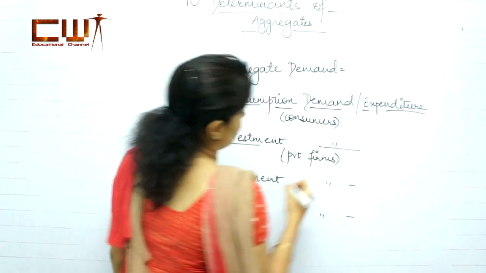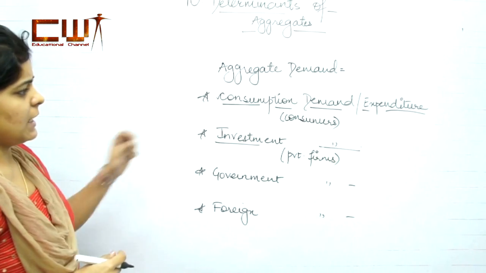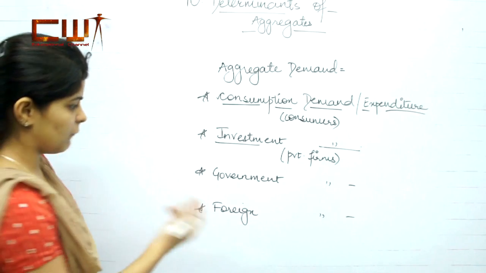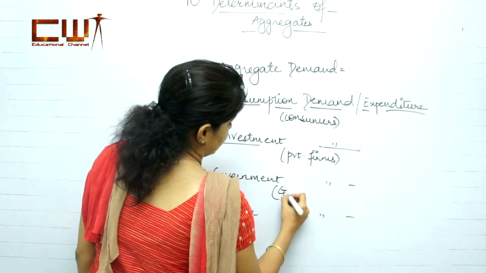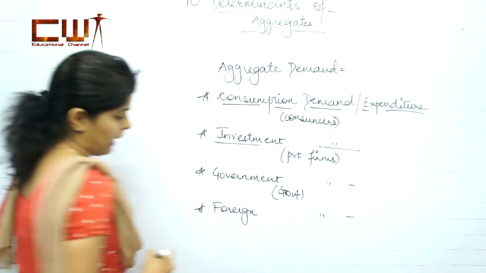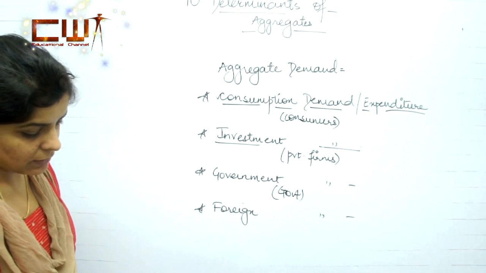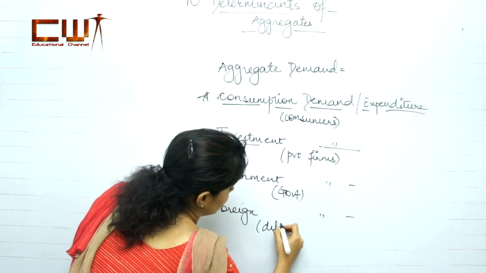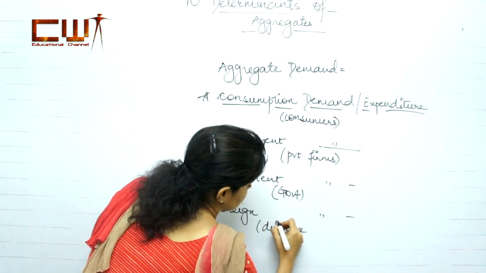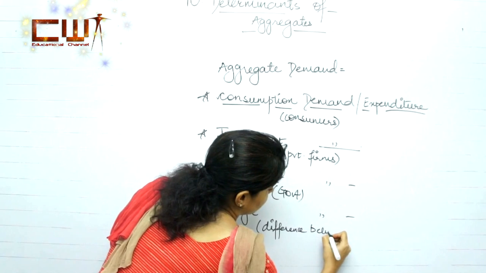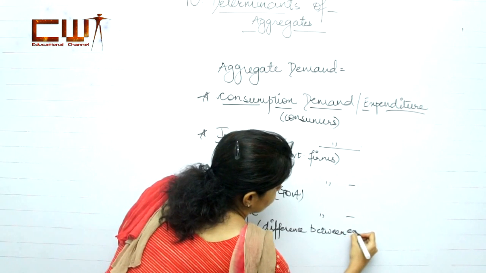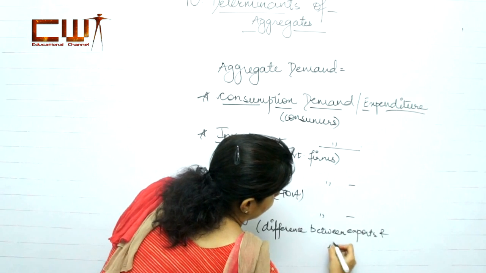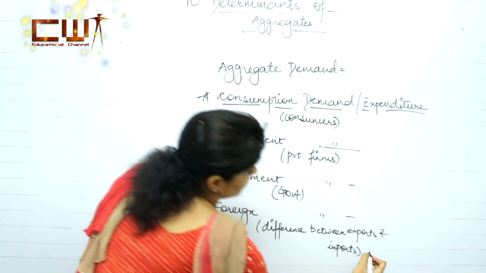Generally, the producing firms make the investment demand. Next is government demand, that is undertaken by the government. And lastly you have the foreign demand, that is the difference between exports and imports, right?